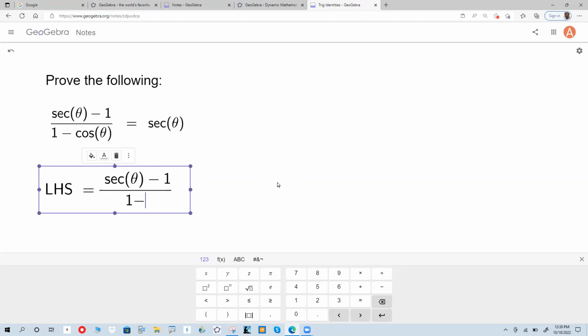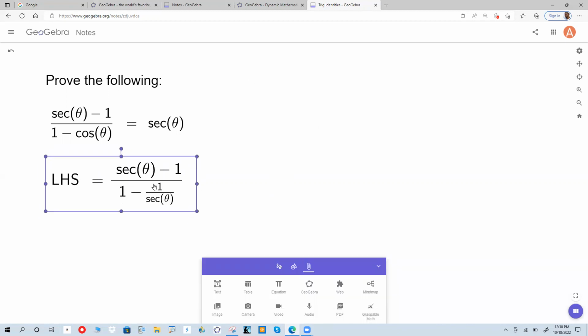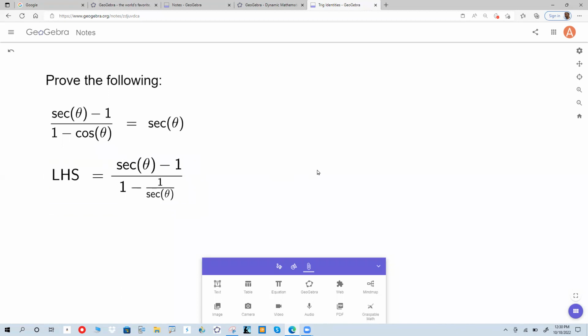Now, instead of cosine theta, I'm going to write 1 over secant theta. Why? For two reasons. Because cosine theta and secant theta are reciprocals of each other. And the other reason being, I want secant theta to be on the left-hand side.